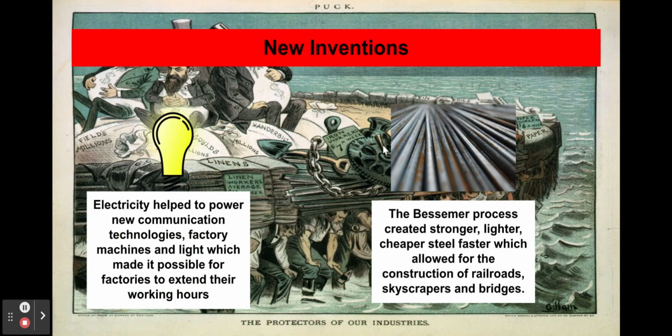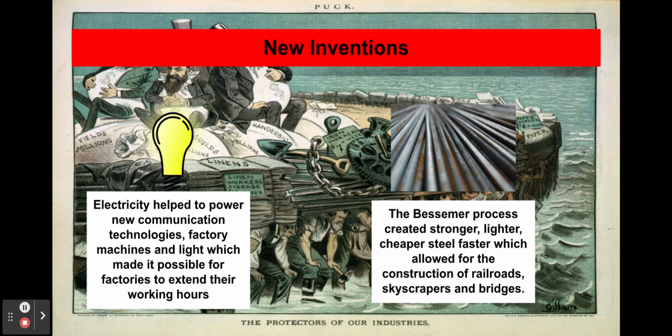The second key invention is the Bessemer process, which creates better steel at a faster rate. This is how we see Andrew Carnegie make his fortune because he converts his steel mills to the Bessemer process, which makes that better steel. The steel also helps create the modern American city that we saw in a couple of pictures from last week, where we're starting to see the growth of skyscrapers.